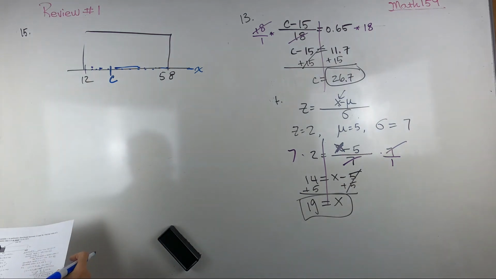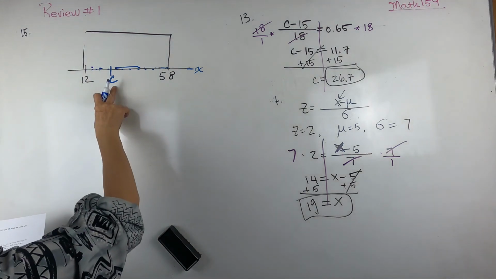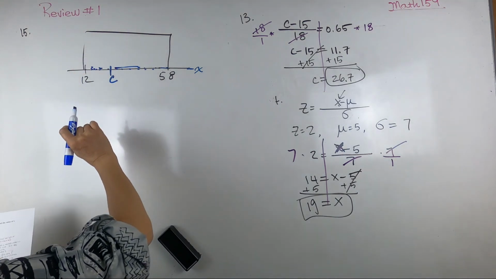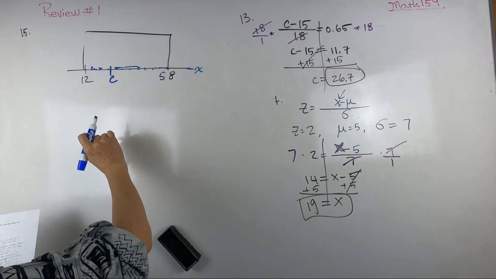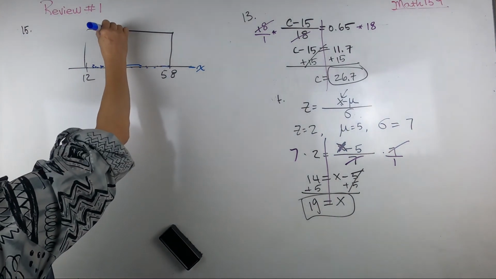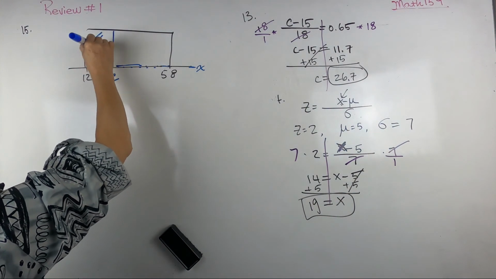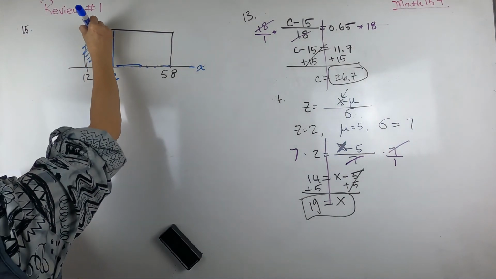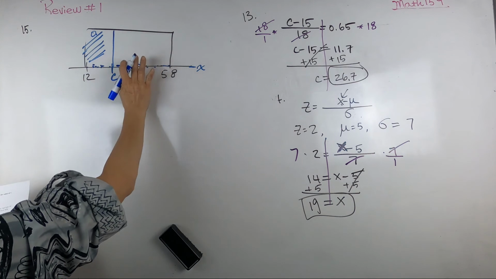Then it says, find the value of c, so the probability that x, this is the x, at the most is 0.1957. So what this means is this is c. Here, the area is your probability. The whole thing is 100%.